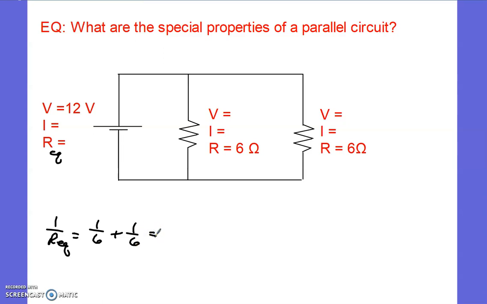If I type that in my calculator, I get 0.3 repeating. But that is not the equivalent resistance. The equivalent resistance is going to be the inverse of this value. So to get the equivalent resistance, I'm going to take 1 over 0.3 repeating, which comes out to be 3.